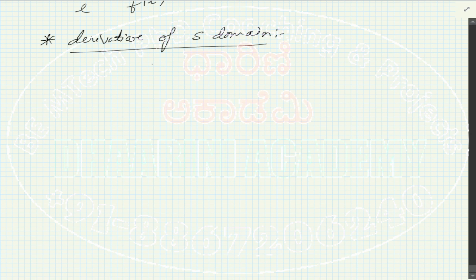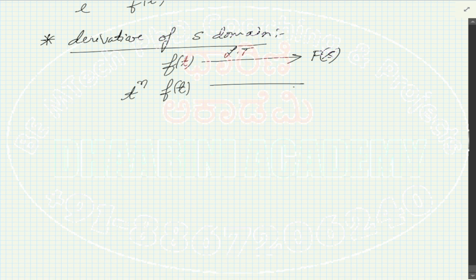The statement of the property is like this: if f of t has a Laplace transform F of s, then t to the power n into f of t will have its Laplace transform as minus 1 to the power n into d to the power n by ds to the power n of F of s.